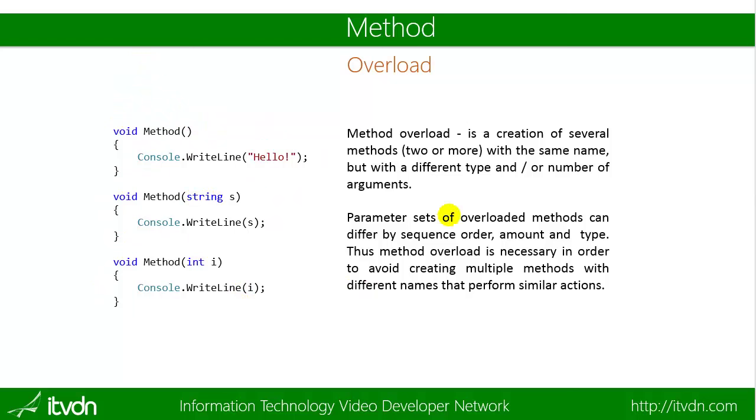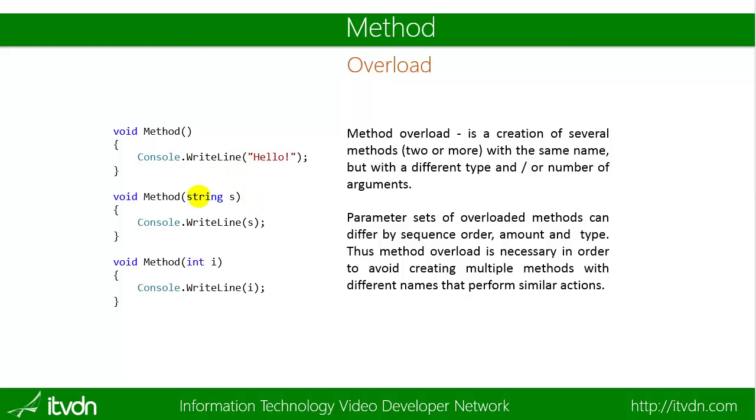So let's look at this: parameter sets of overloaded methods can differ by sequence, order, amount, and type. Thus, method overload is necessary in order to avoid creating multiple methods with different names that have similar actions. What does this mean? You can have, let's say, three parameters here, and when you change their positions, you have a different method.